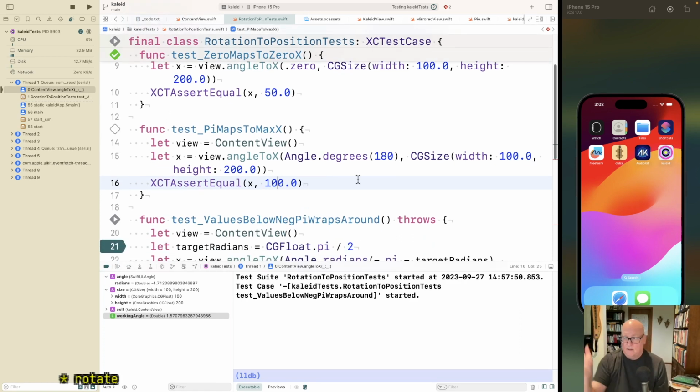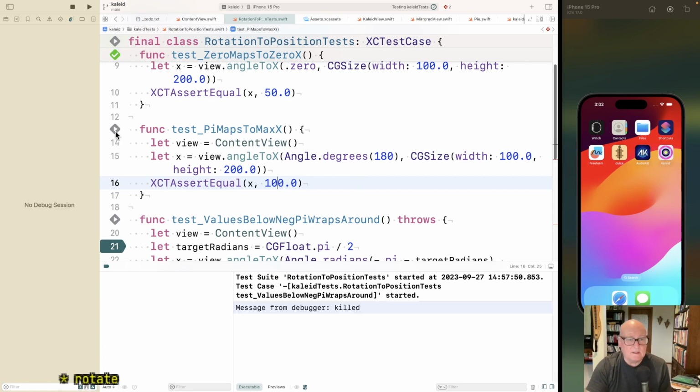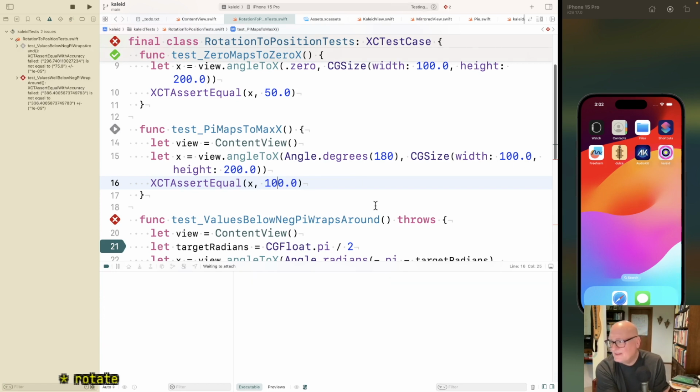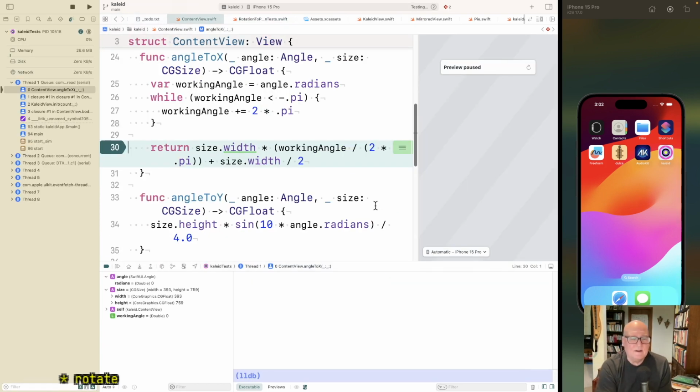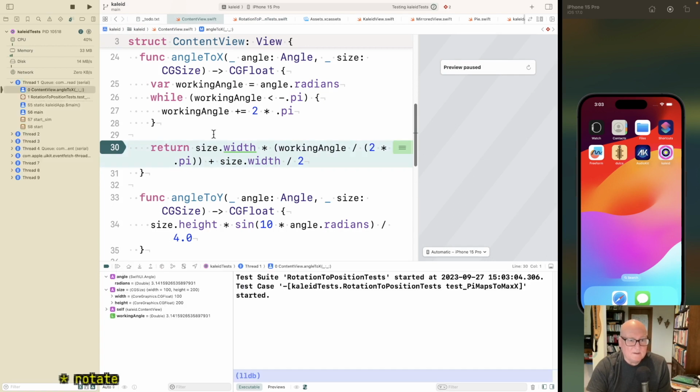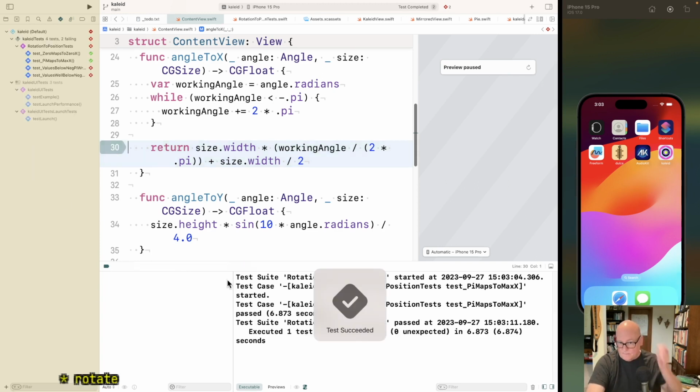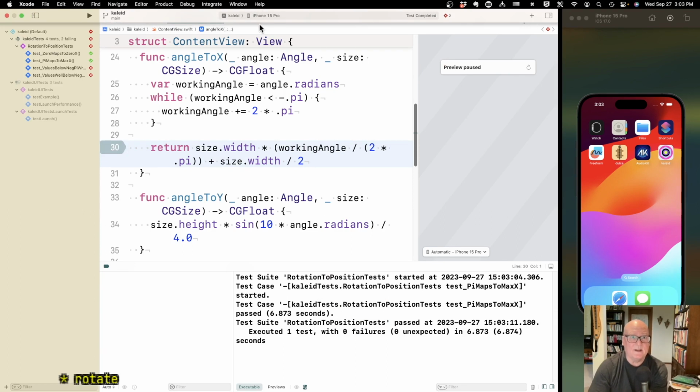Okay, so 0, 180 degrees is wrapped around forward and should represent 100. Okay, let's see how this test does. I think it's going to fail. Move the 2 or make it 4. Well, yeah. Okay, let's continue. Okay. Well, we're just going to continue again. Oh, well, something works. Okay, that's good.